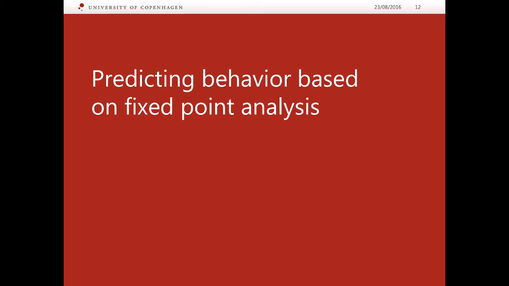So the linear stability analysis tells us something about the behavior of the system, but at first glance, not too much.